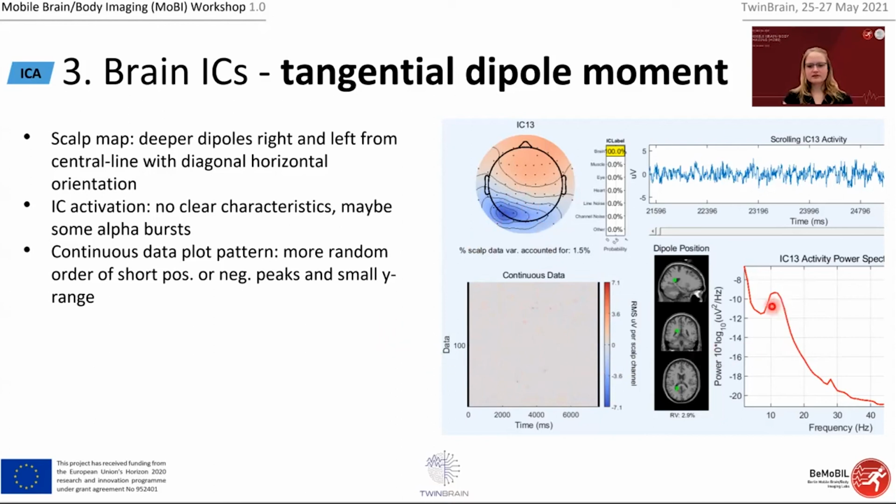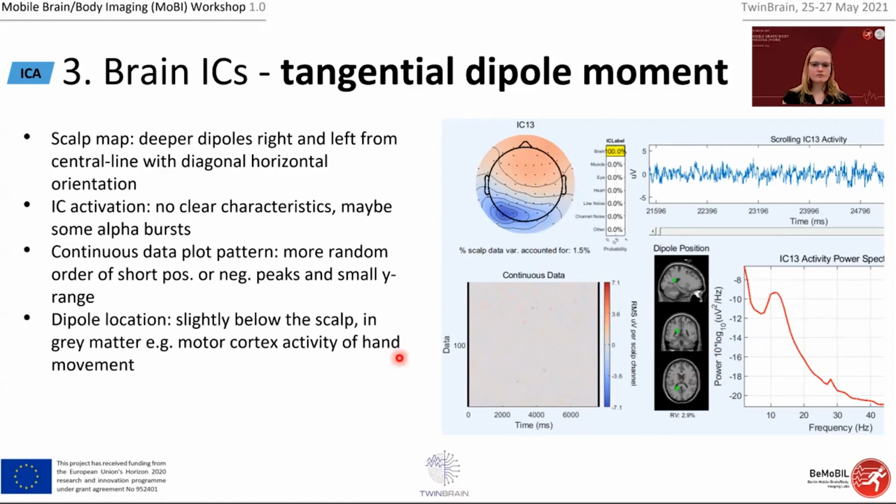We see that there is another shape of the alpha peak here. It's broader, more wide, and so this is a common spectrum of a brain component.